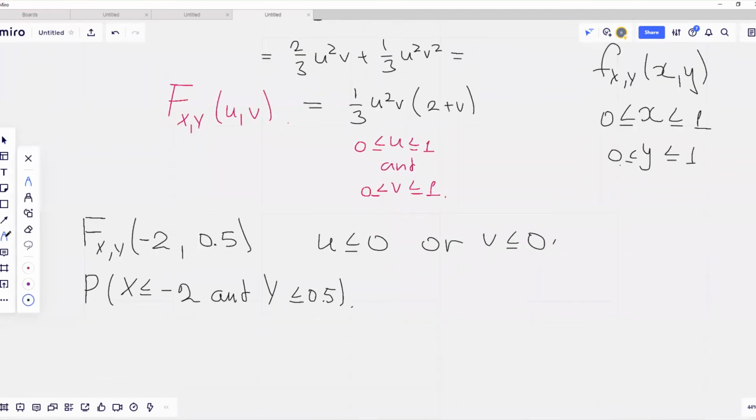And now since our joint PDF is not defined when x is less than -2, this will have a 0 probability, so the whole thing here will have a 0 probability. So in a case when u is less than 0 or v is less than 0, our CDF will be equal to 0.